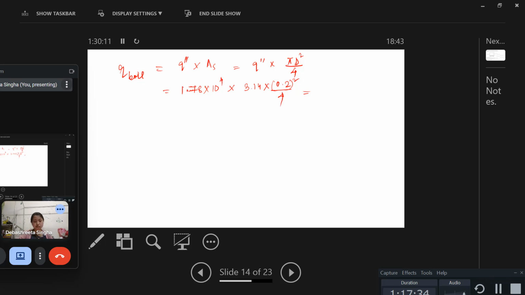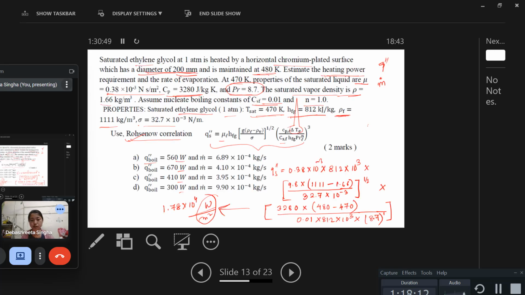So 0.04 divided by 4 will be 0.01, 0.01 into 3.14 into 1.78 into 10 to the power 4. So it comes to be 558.9. So which is the option? It will be the first option, 560 watt.